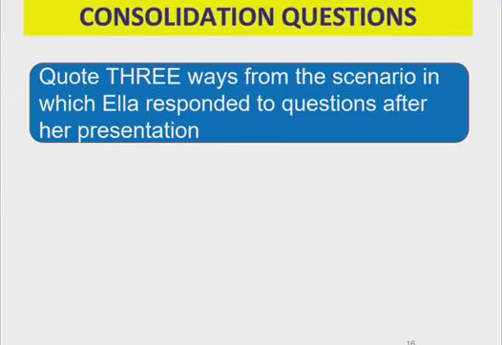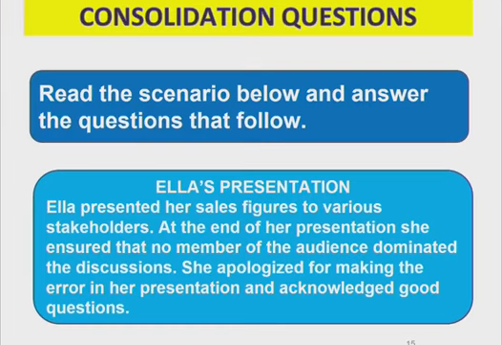A little hint, it's always nice to look at the question before you go and read the scenario. This question is going to require you to quote 3 ways from the scenario in which Ella can respond to questions after her presentation. So now we know we're going to have to quote, and we have to quote 3 ways. So let's look at the scenario, and that already has alerted us to what we need to look for in the scenario.